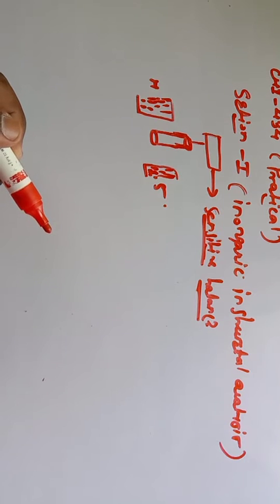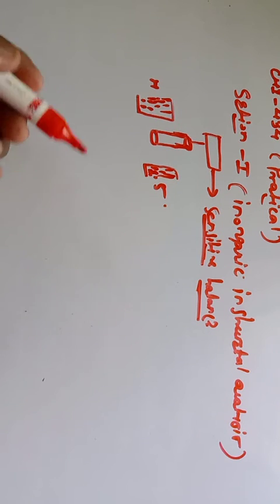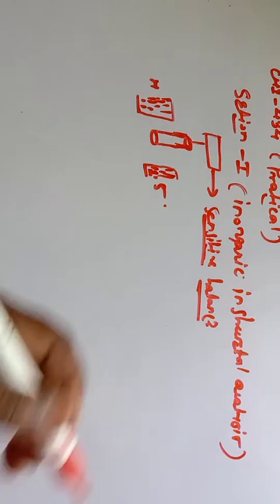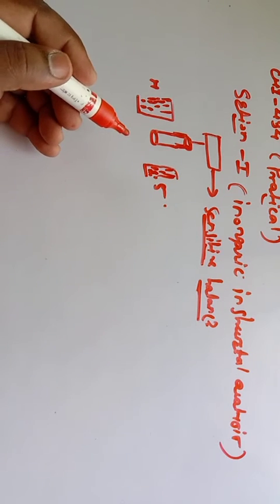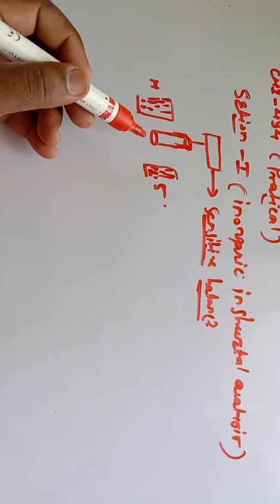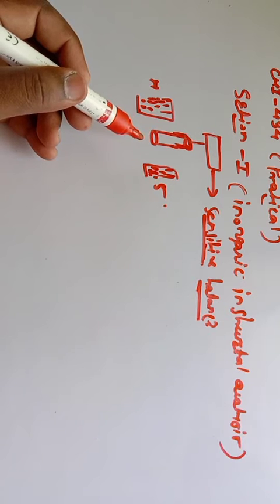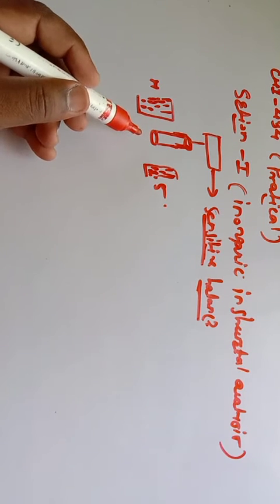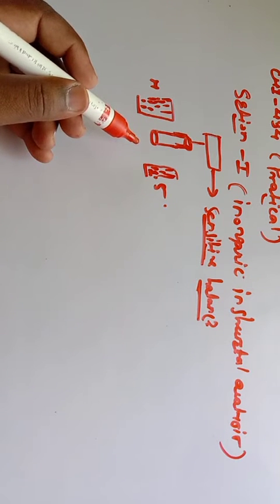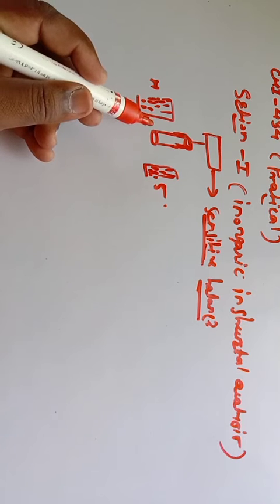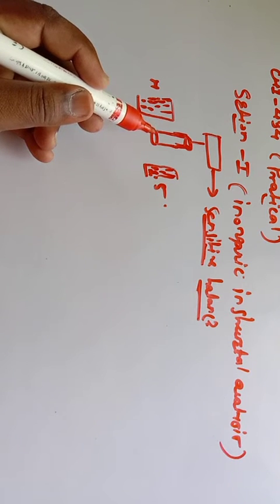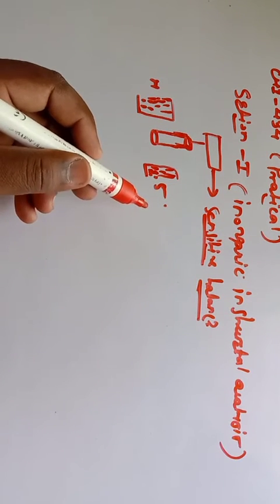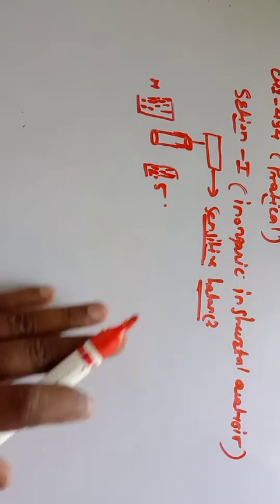So what happens by the application of magnetic field? If the material is diamagnetic, then there is no effect of the applied magnetic field on this material.